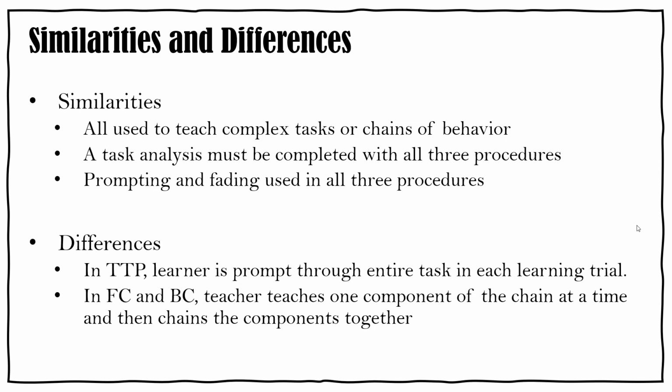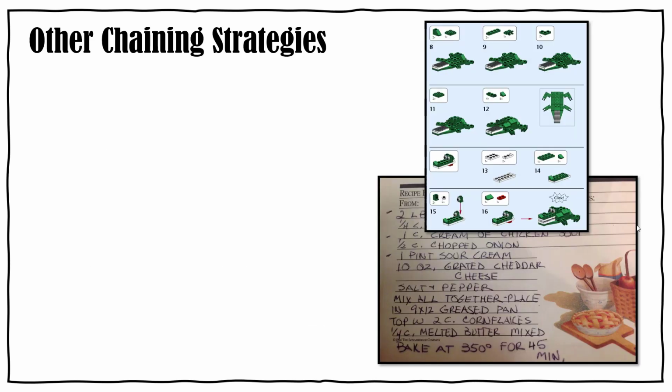The difference is that in total task presentation, the learner is prompted through the entire task in each learning trial. In forward chaining and backward chaining, the teacher teaches one component of the chain at a time and then chains the components together, essentially. In forward chaining, you're teaching that first step. In backward chaining, you're teaching the last step.